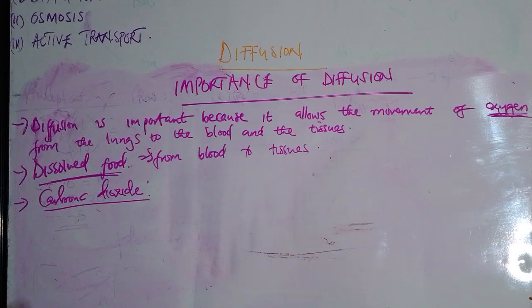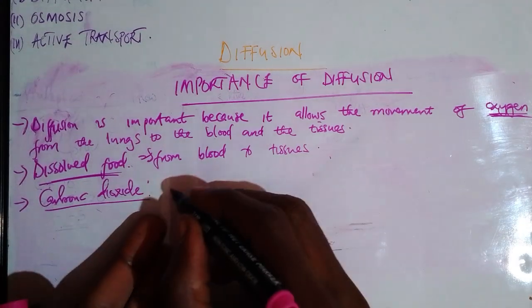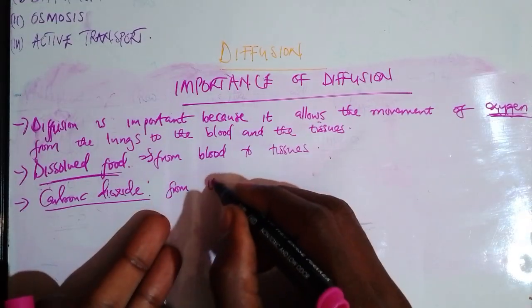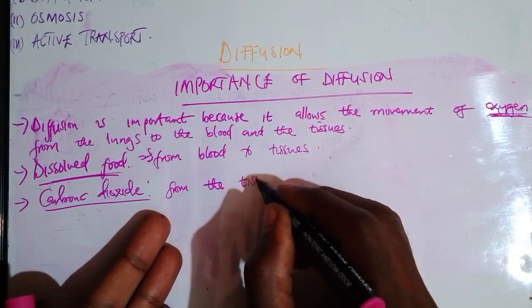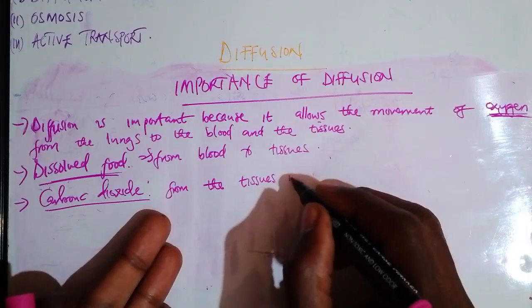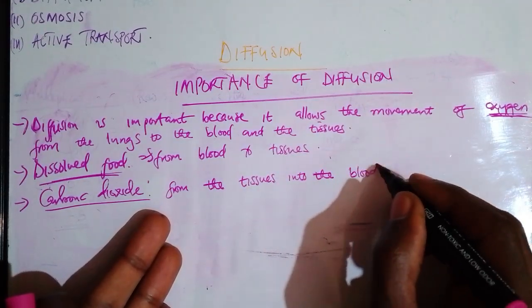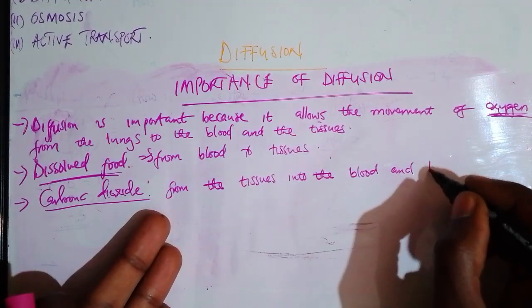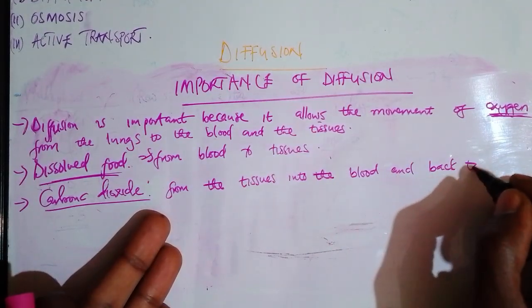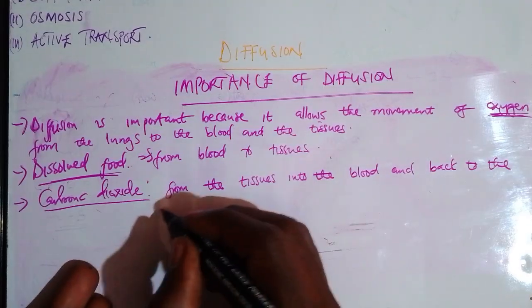Diffusion. So again, you can say it is for the movement of carbon dioxide from the tissues into the blood and back to the lungs.